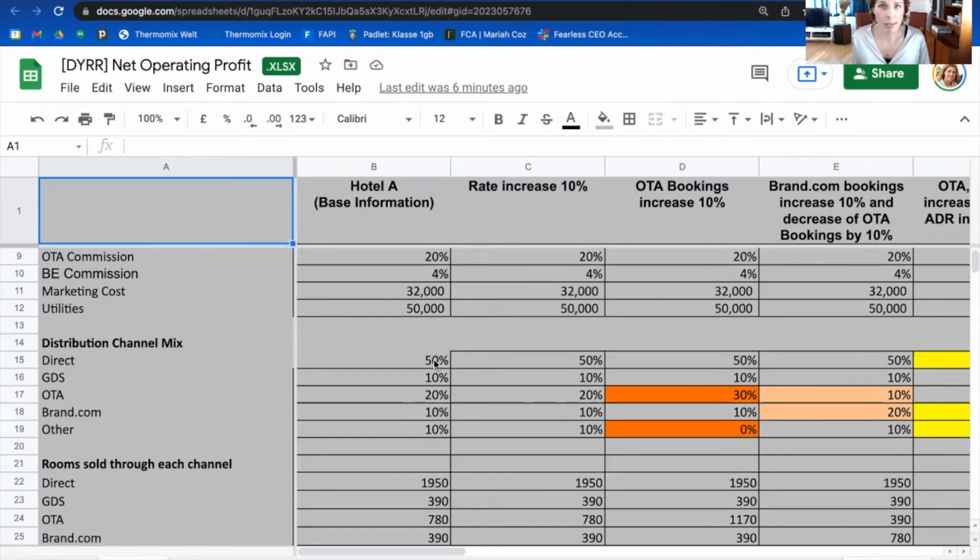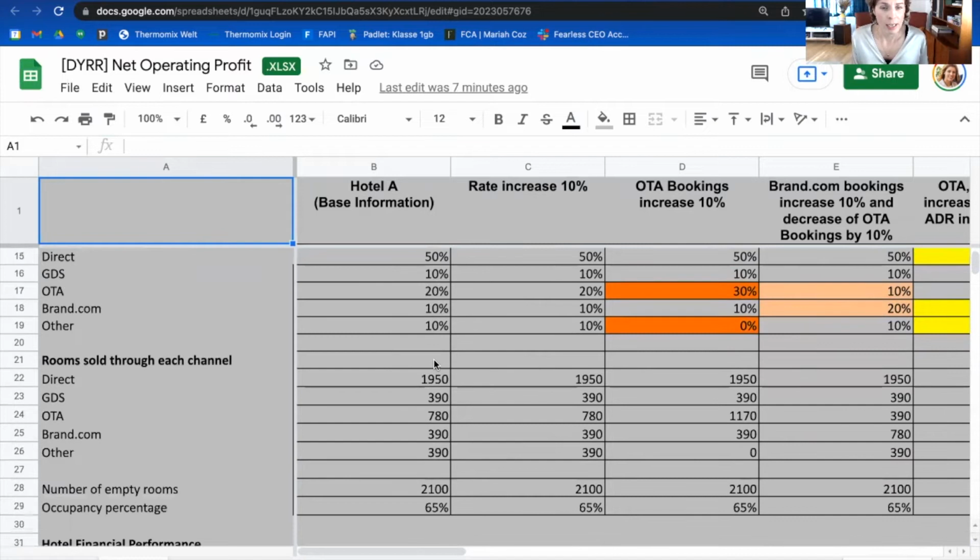Then we have OTA bookings, brand.com website bookings, so our website. And we have also other business mix. So this is the rest, what you can imagine. Based on the occupancy and number of rooms, we have been defining how many room nights have been sold in each distribution channel.